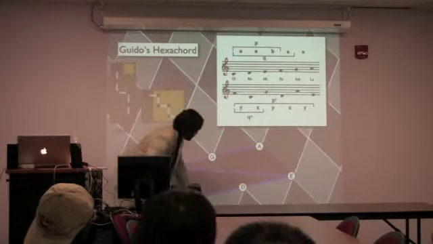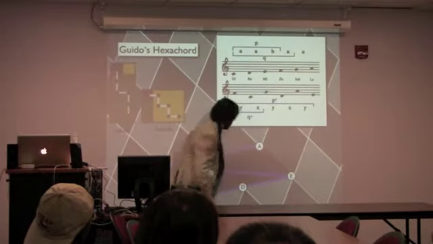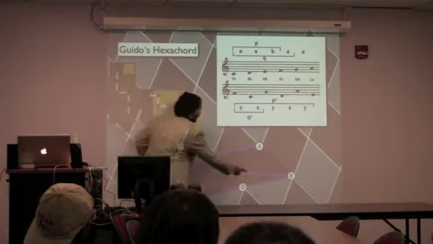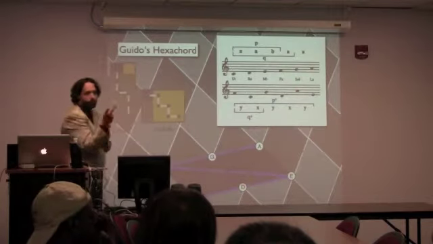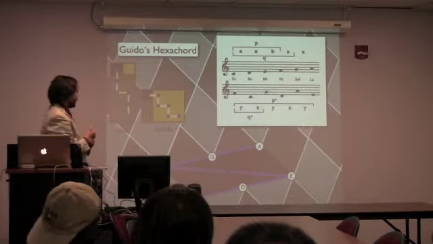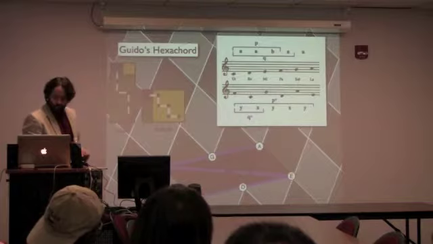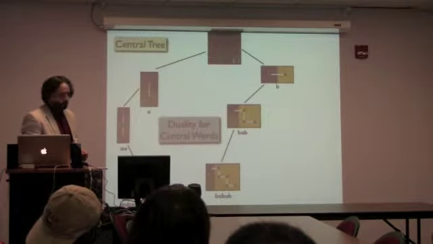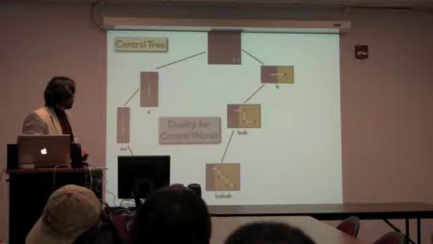Or you can think of the major step, C to D, and the minor step, E to F. Now you can have the one basis or the other. And in the solmization, we use both patterns. We find both patterns.